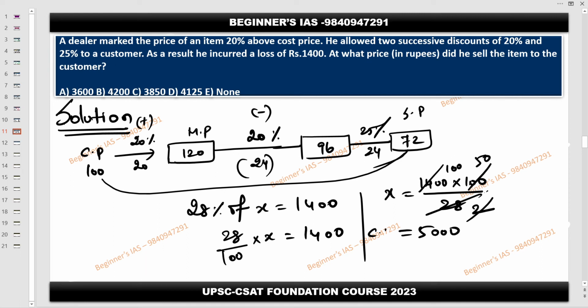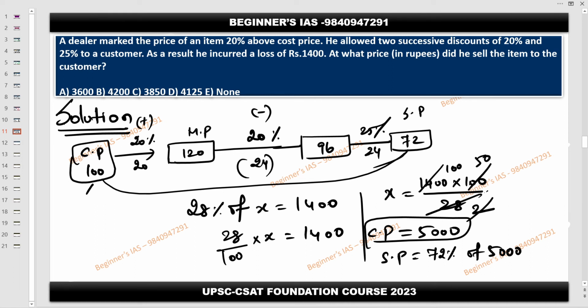Understood? So SP is nothing but 72% of 5000 rupees. Cost price only you don't know, that is nothing but X. So this much percentage of CP is nothing but SP.